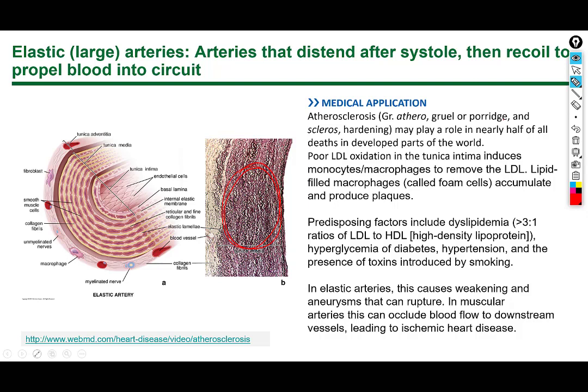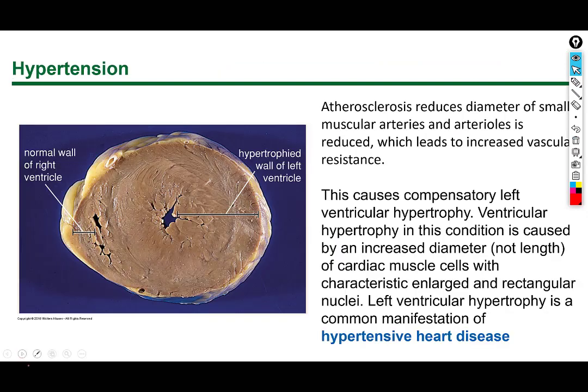In muscular arteries, so arteries that supply muscle, this can basically block off supply, and that leads to ischemic heart disease, which is where your heart's not getting as much oxygen as it should. So both are bad. I think the lesson here is to take care of your vasculature as much as possible.